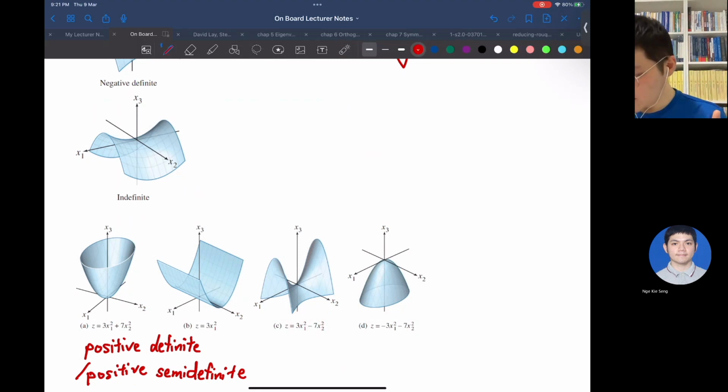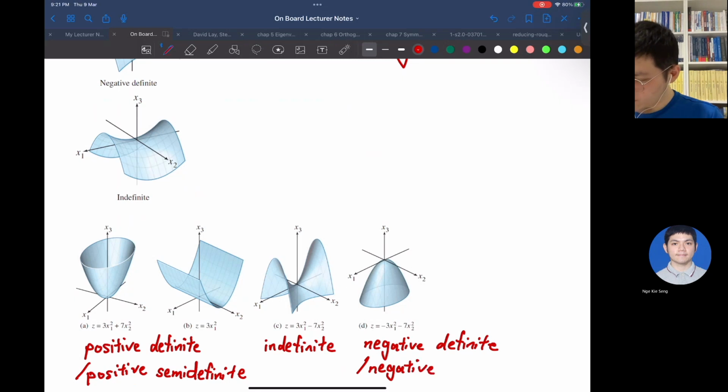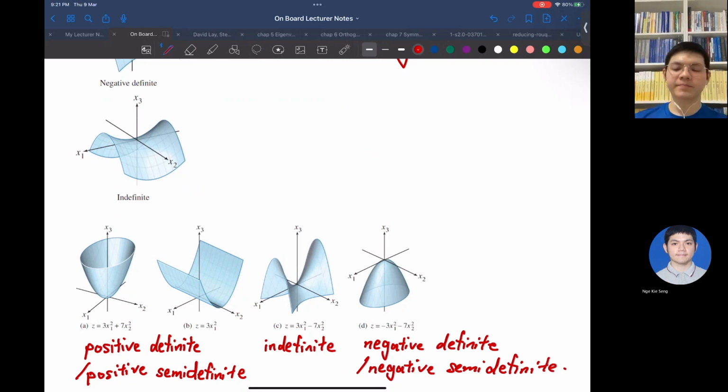So it is indefinite. How about D? D are both negative, so it is negative definite. On the other hand, it is also negative semi-definite based on the classification and the theorem.